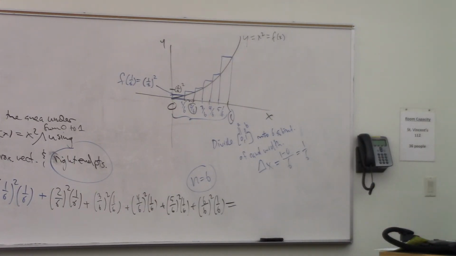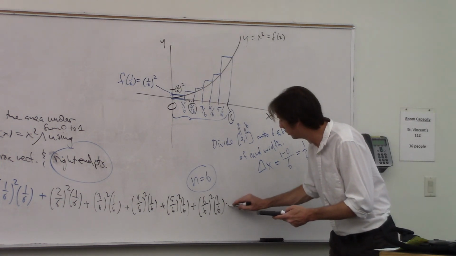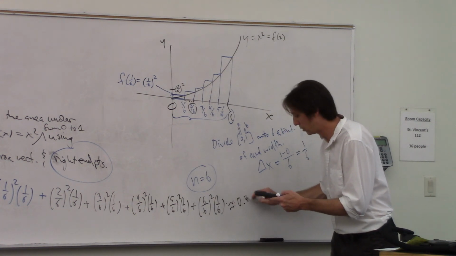It'll give you an approximate area. I'll do it real quick, hold on. I believe you should get about 0.421.